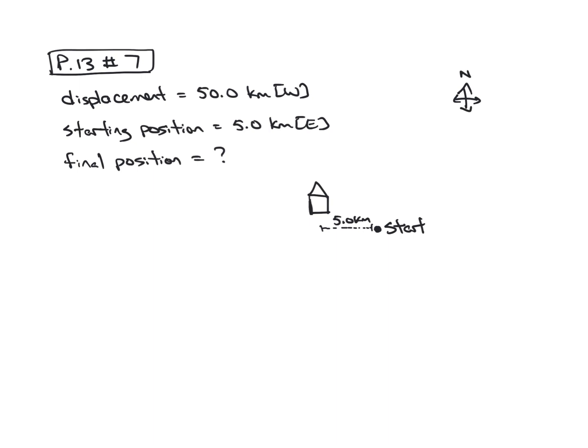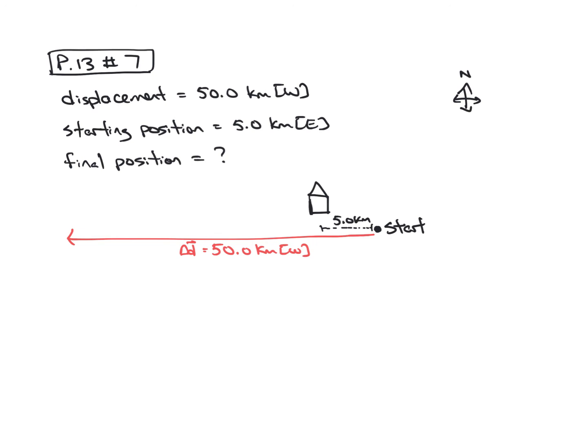Okay, now they're going to travel a displacement of 50.0 kilometers west. So from the start, they travel west 50 kilometers. This is probably not to scale, but all that way is a displacement of 50.0 kilometers west.